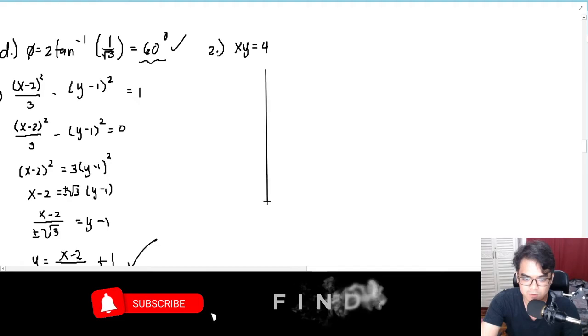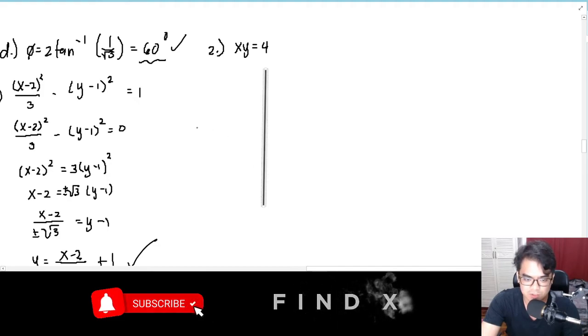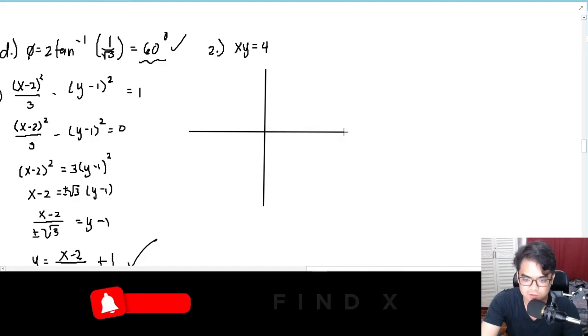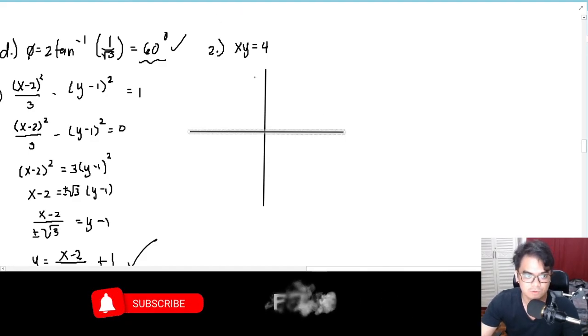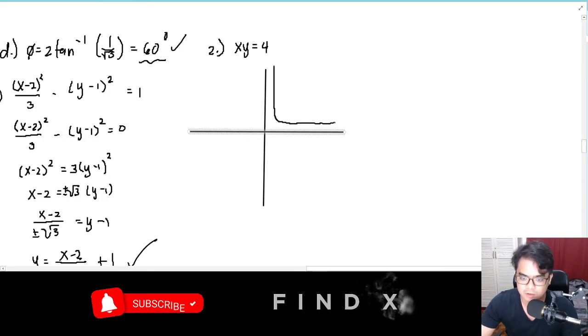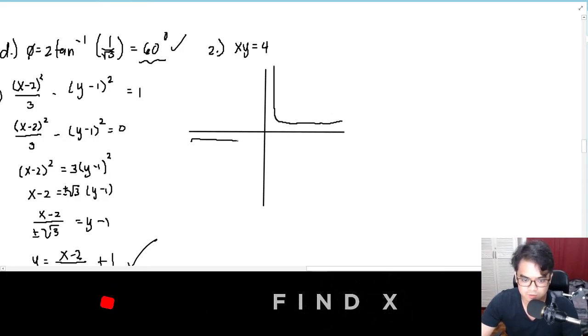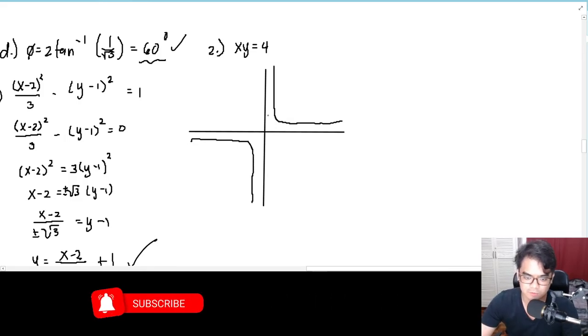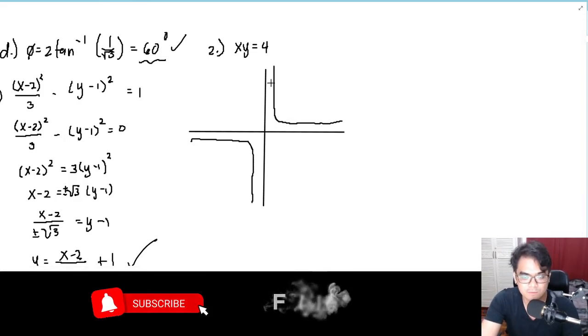If I graph that, this is what it actually looks like. This is the Cartesian plane, and the hyperbola will look something like this.